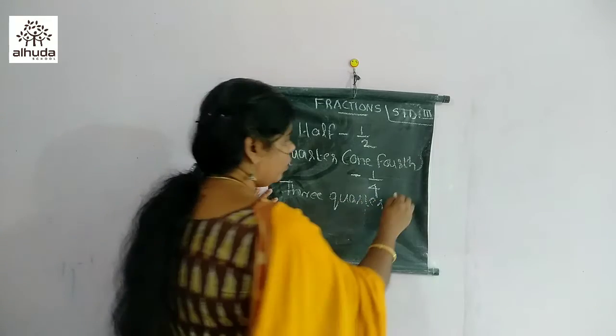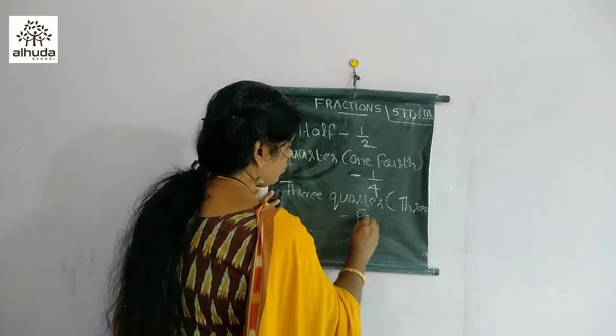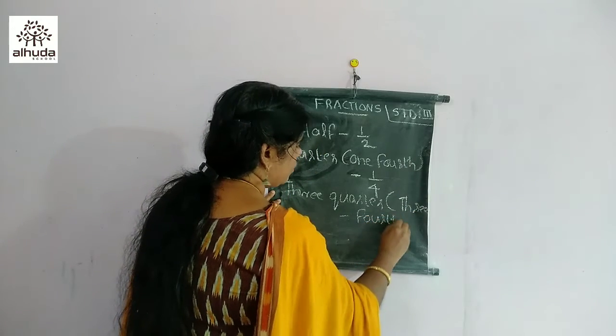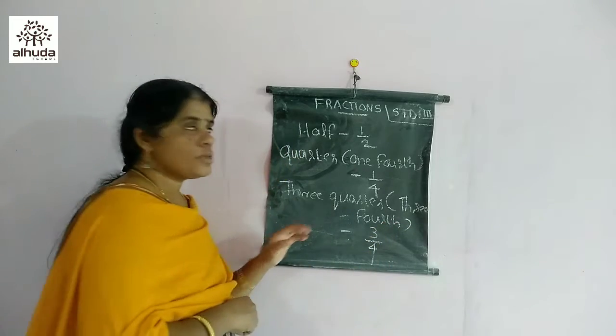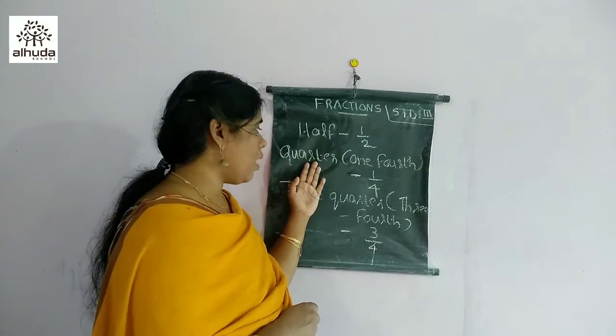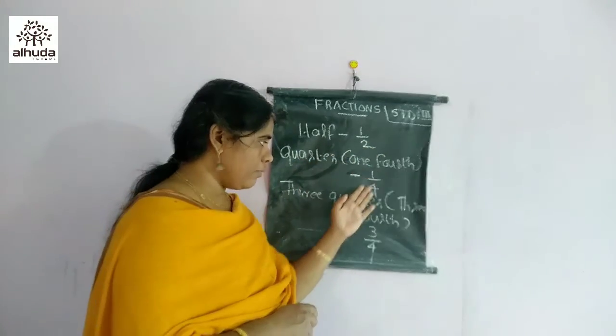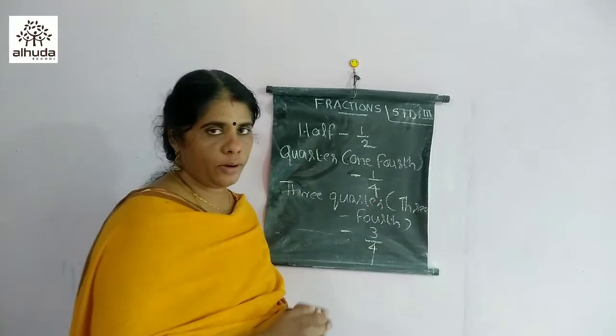So these are the different fractions we learned: half is 1/2, quarter is 1/4, and 3/4 is 3/4.